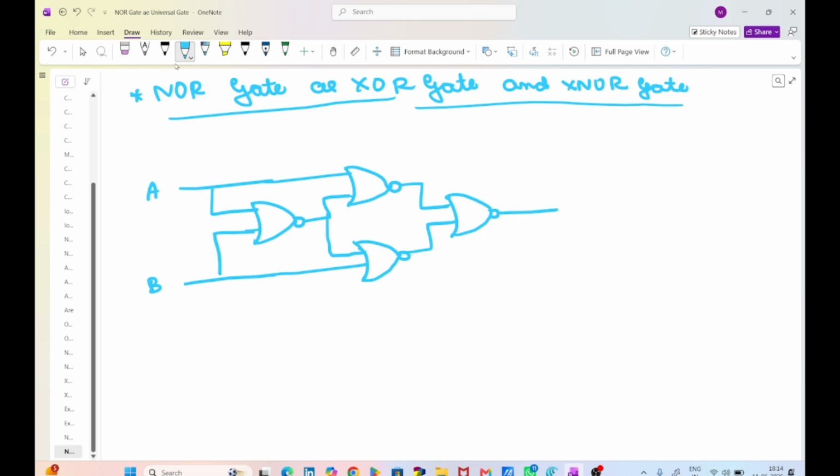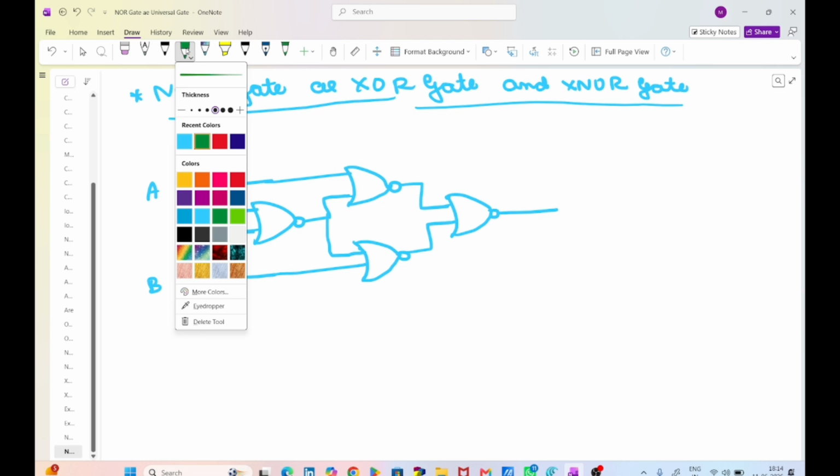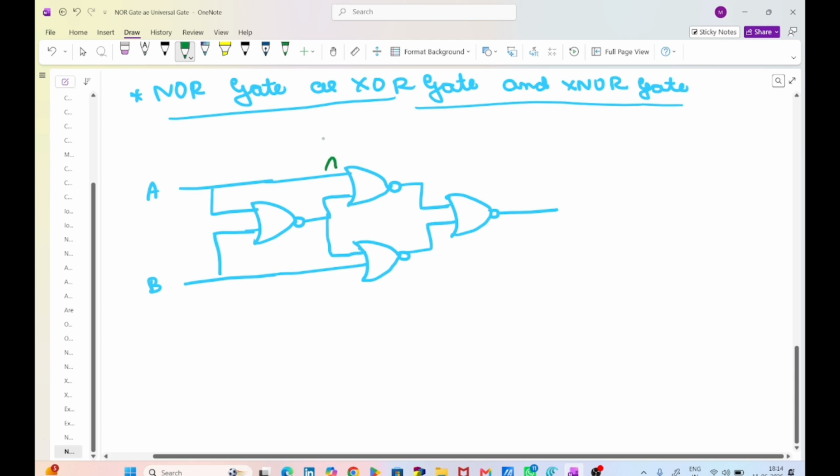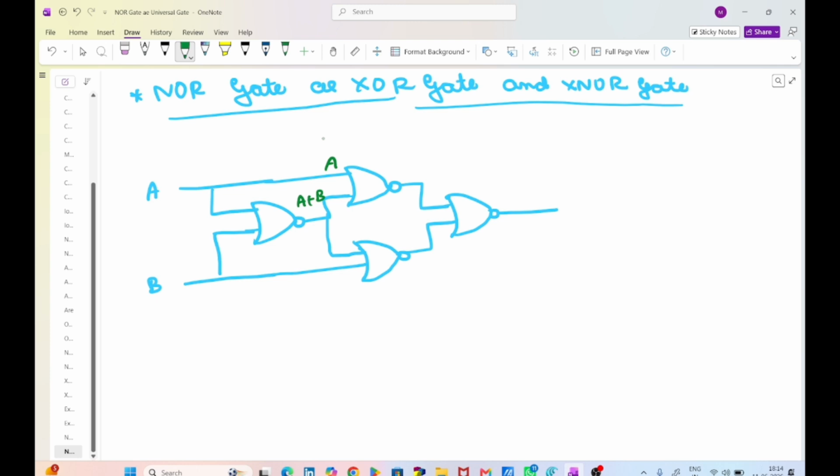Let us discuss the output. Here it will be A. Here the output will be A plus B whole bar. Here the input is B, and the output will be A plus B bar whole bar.